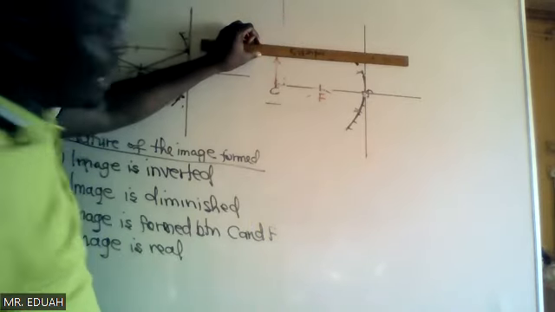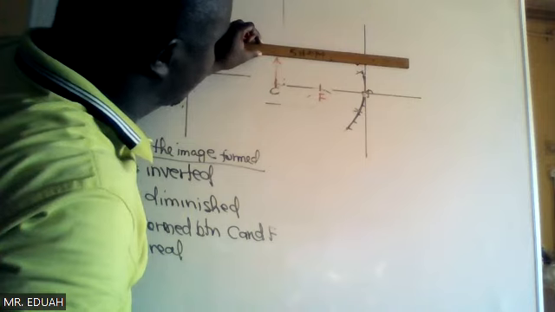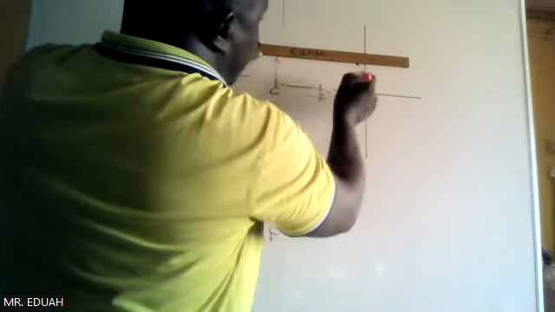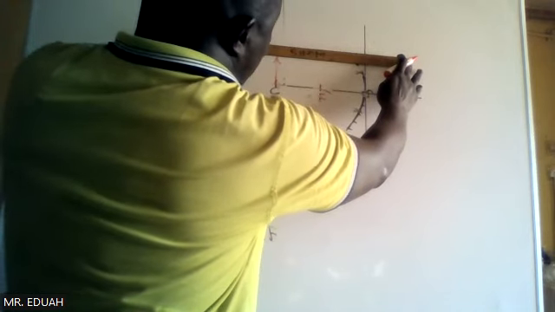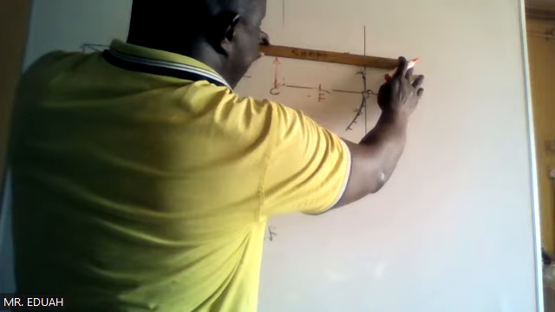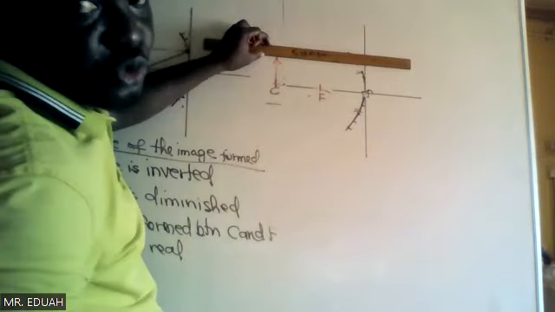Okay, over here, I need to be sure that the horizontal ray is actually parallel to the principal axis. Because there are no grid lines, I must imagine so well.